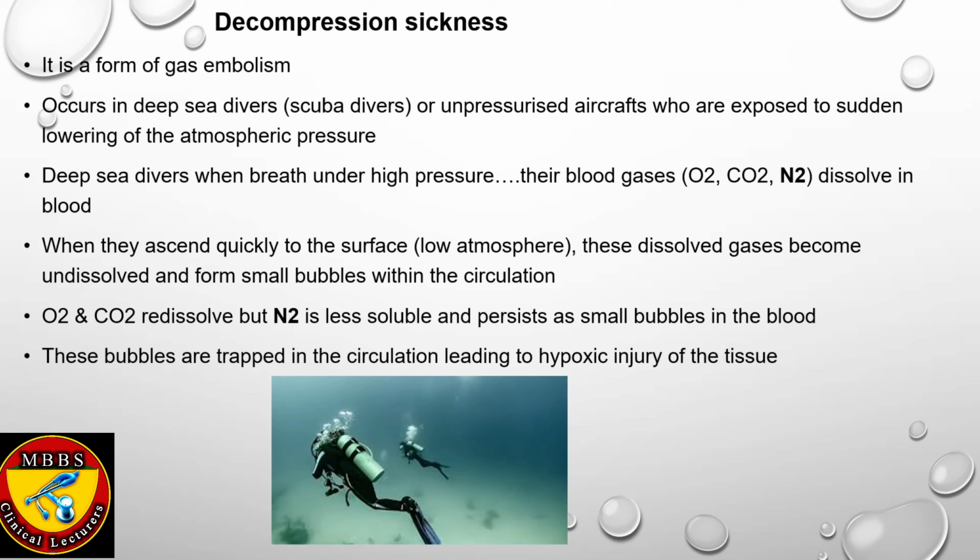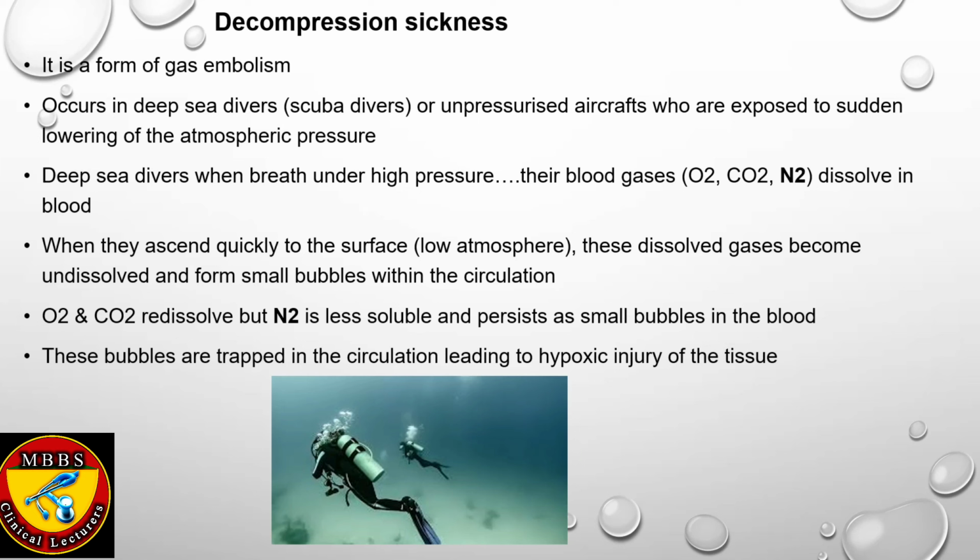Okay, so the deep sea divers who are under high pressure under the water, if they rise quickly to the low atmosphere upwards, these gases become undissolved and form small bubbles within the circulation.